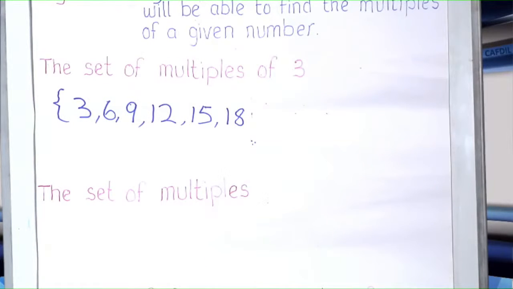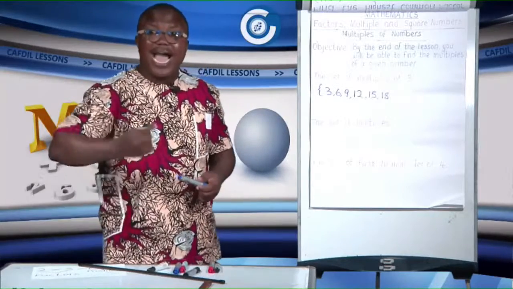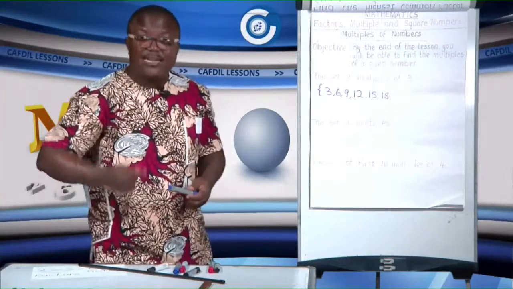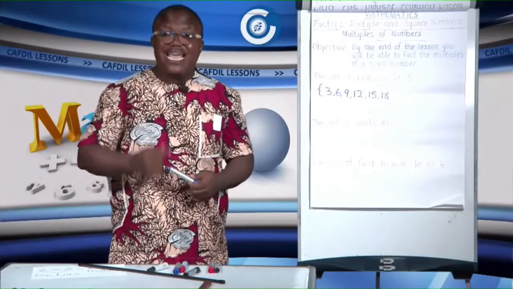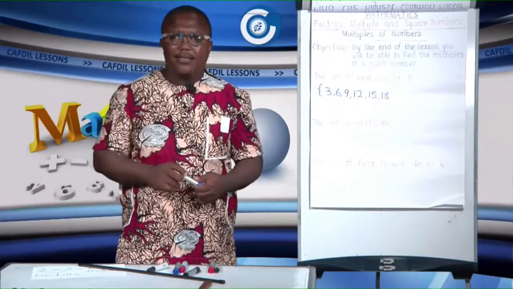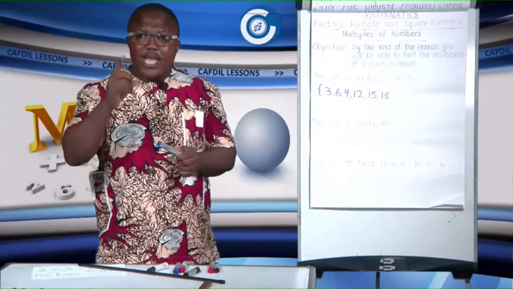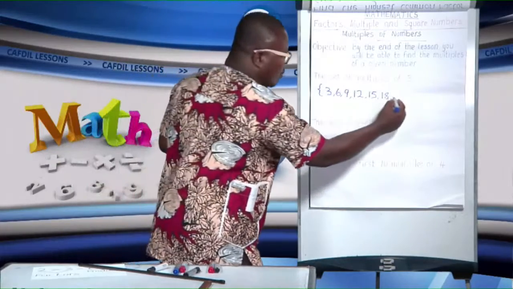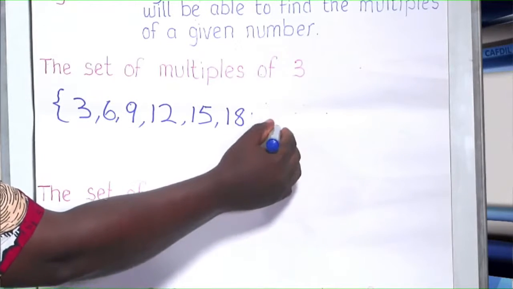Have you seen that? So here it means that I can continue adding, and add and add and add. So here, to end it, we use 3 dots. 1, 2, 3.